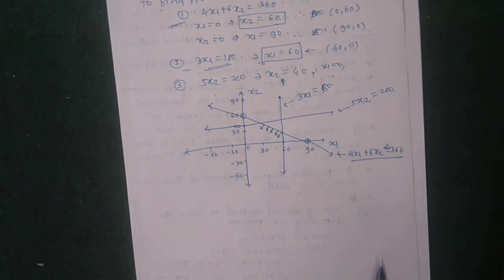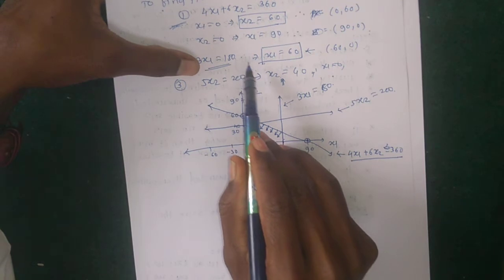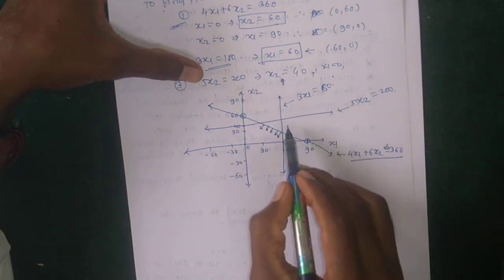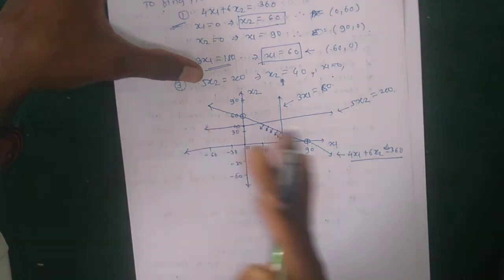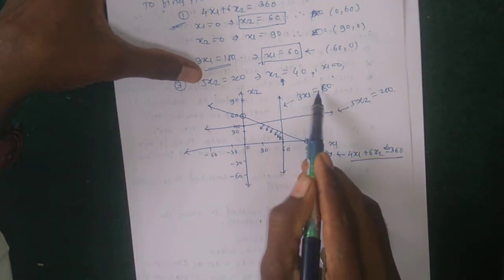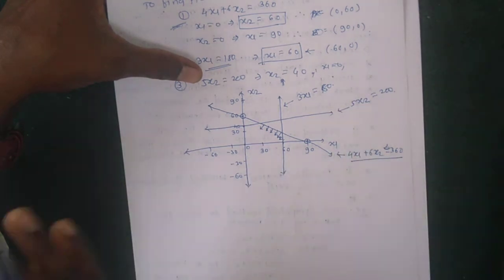Then the region of 3x1 is less than or equal to 180 must be of less-than-or-equal type.